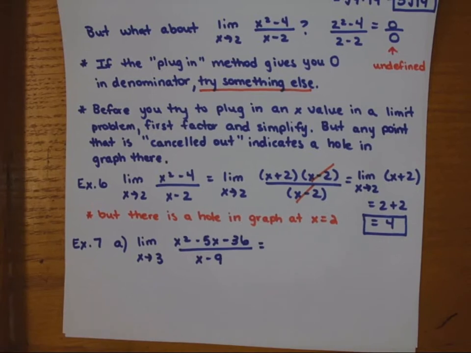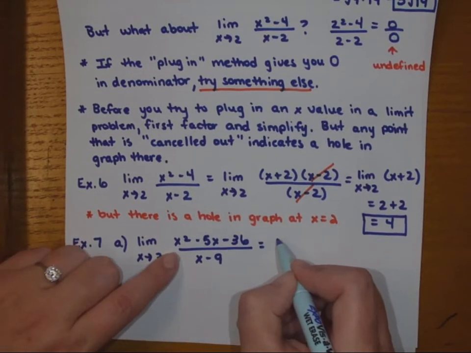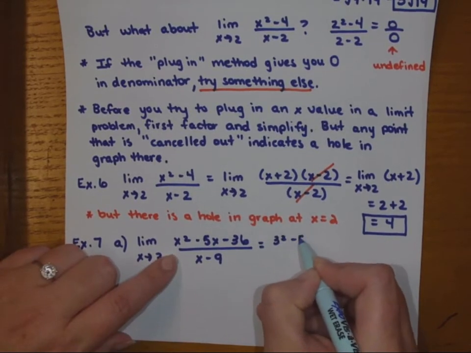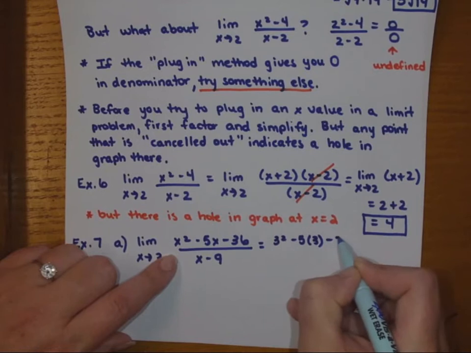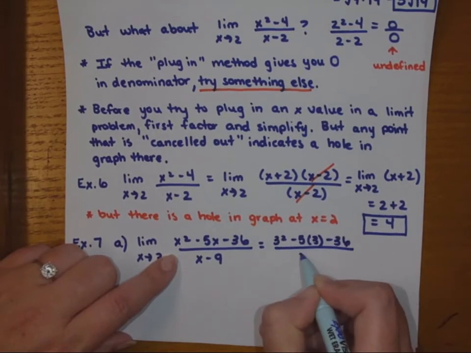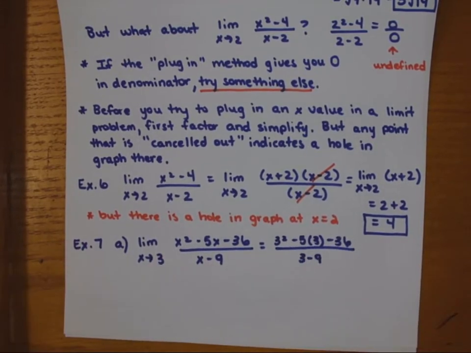But actually, maybe we don't even have to factor this quite yet, because let's try the plug-in method. That's always what you should try first. So try to plug in 3 everywhere there's an x. So 3 squared minus 5 times 3 minus 36 over 3 minus 9.